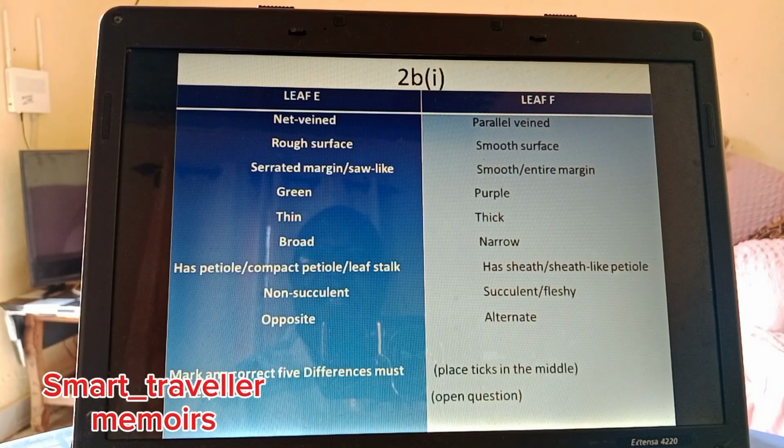Mark correct 5 differences. Mark any correct 5. Differences must correspond. Place ticks in the middle because it is an open question.